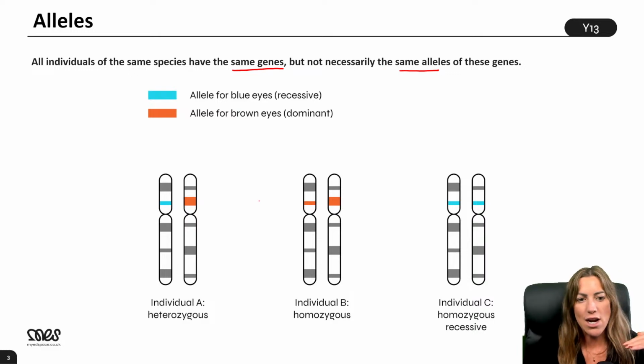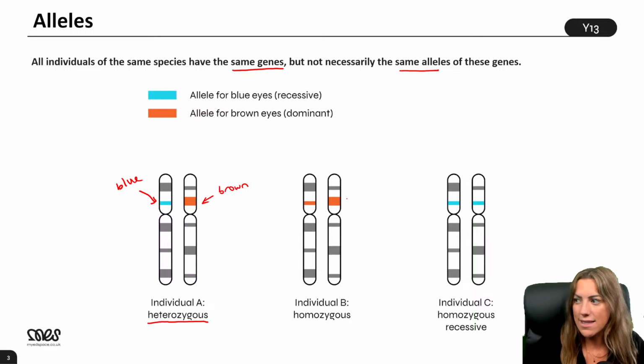Now I'm using this diagram just to go over a really basic example, which is eye colour, yeah? And it gets us to practice our key terminology. So this individual A is heterozygous for the eye colour gene. So you can see they've got one allele for blue eyes and one allele for brown eyes. Heterozygous. Homozygous, these alleles are both brown, and homozygous recessive, so these alleles are both blue.